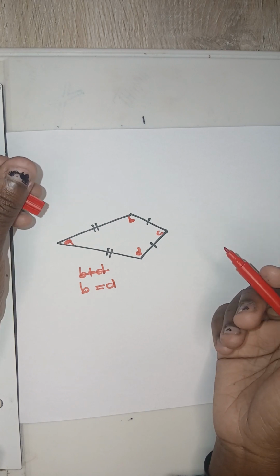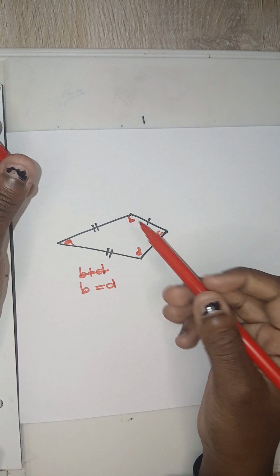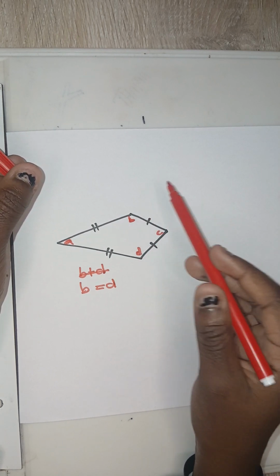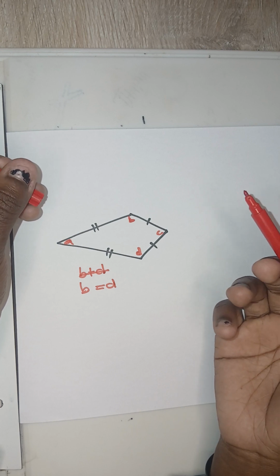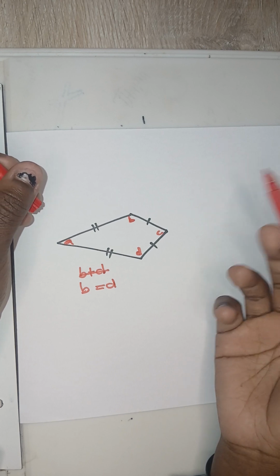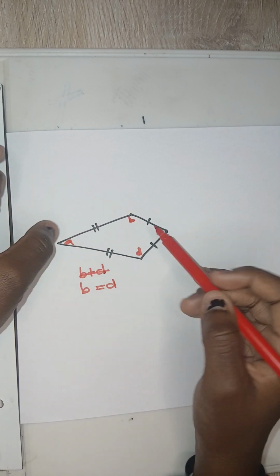A kite has one pair of equal angles. And the equal angles are opposite to each other. These are the only ones which are opposite and equal.